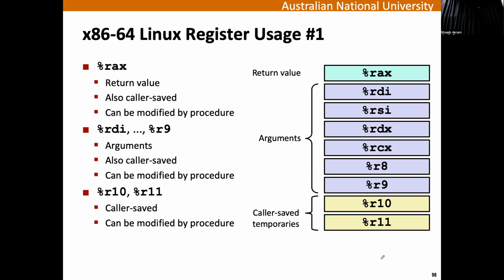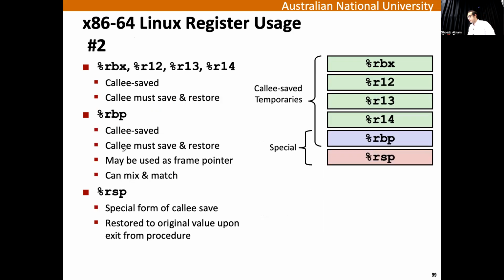So these conventions are agreed upon between caller and callee, which registers are caller saved and which registers are callee saved. So for instance, RBP is the responsibility of the callee.